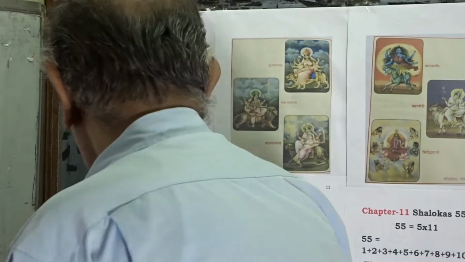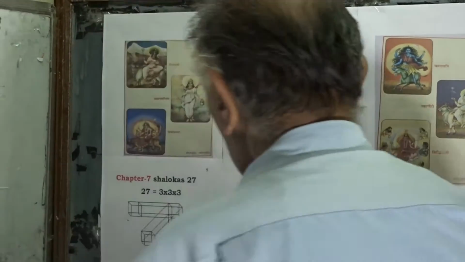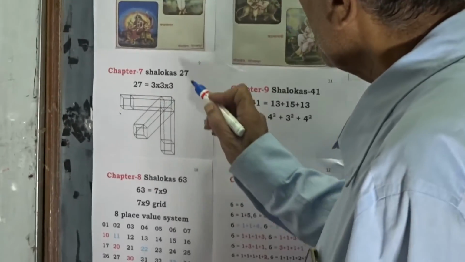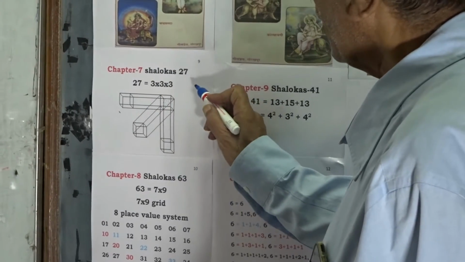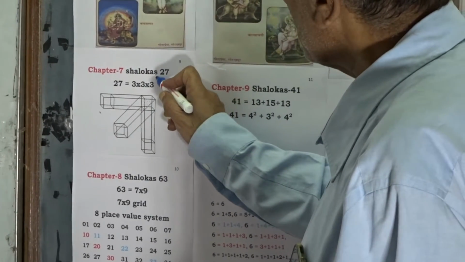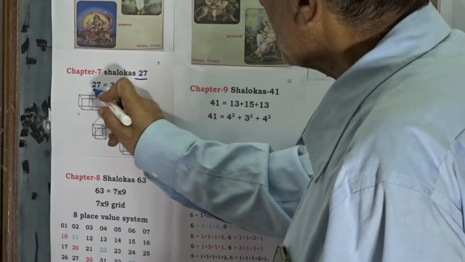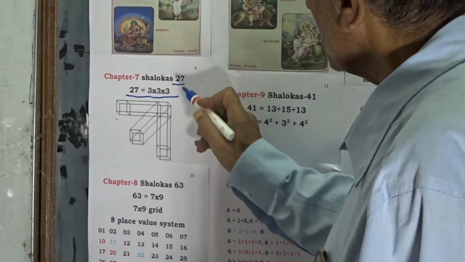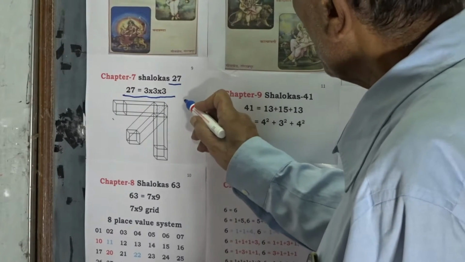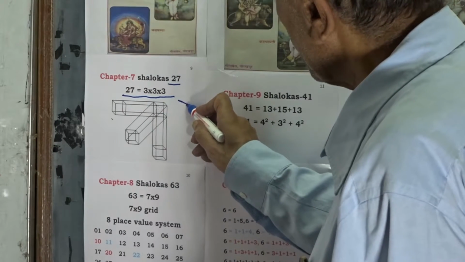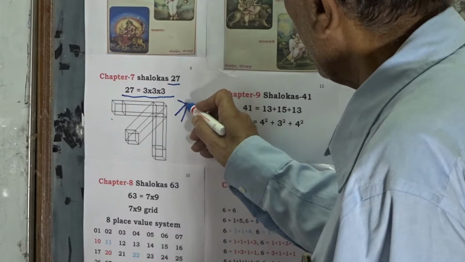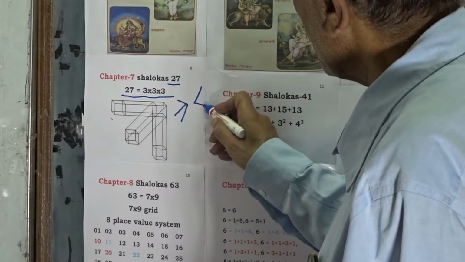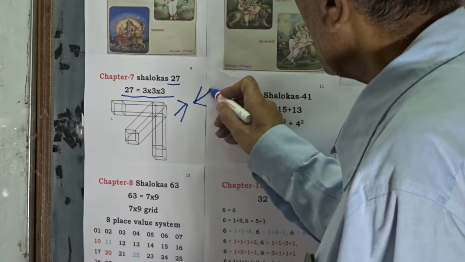A step ahead, when we are reaching chapter 7, we know here happens to be value 27. Value 27 is of an organization 3 into 3 into 3. So we originally had a split for a 3-dimensional frame into a pair of 3-dimensional frames of half dimensions.